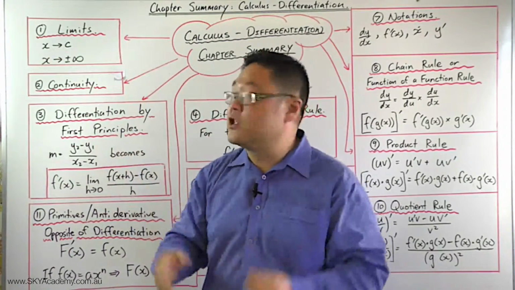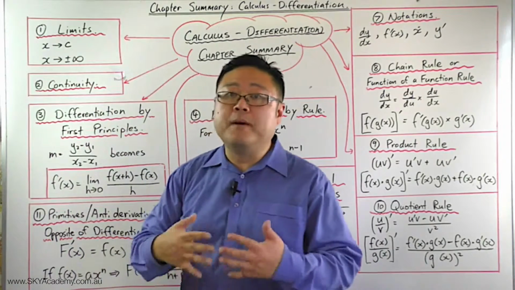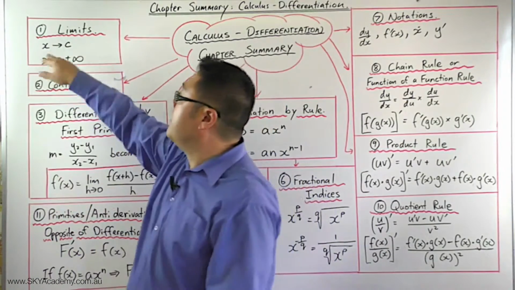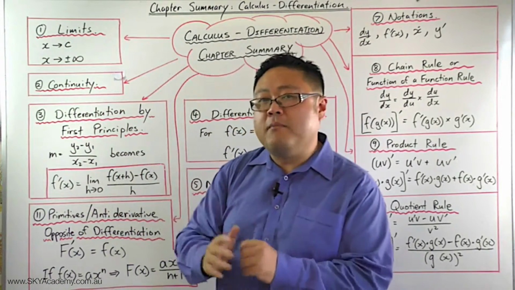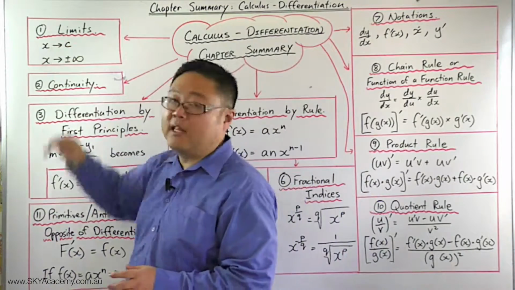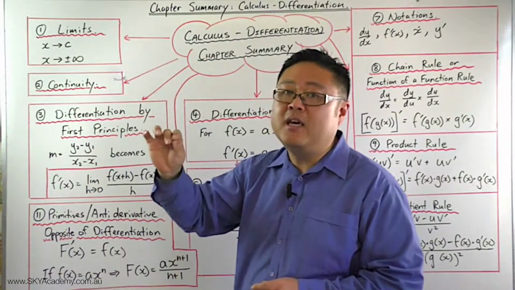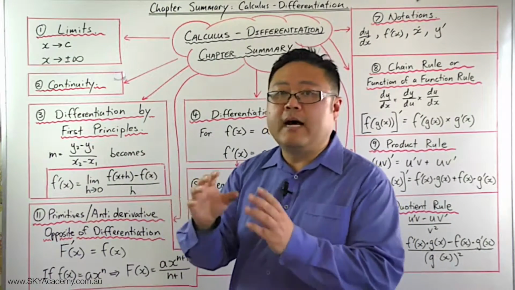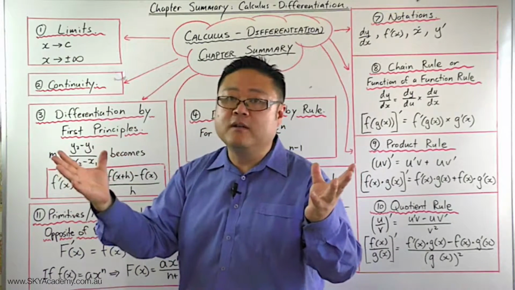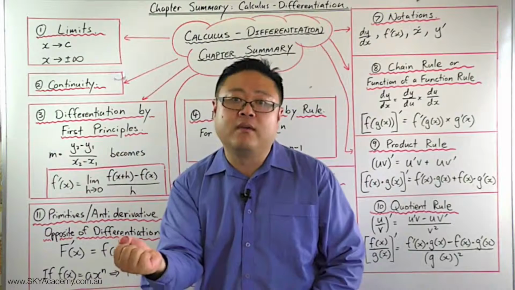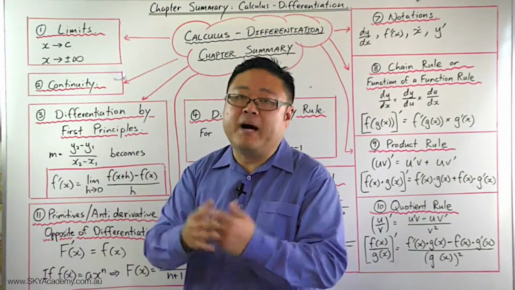Oftentimes, for most functions, the value of a function at c will be equal to the value of the function as x approaches c. Where this may or may not be the case is particularly where the function doesn't exist at c, because if you substitute x is equal to c into a particular function, the denominator might become 0, and you can't divide by 0.